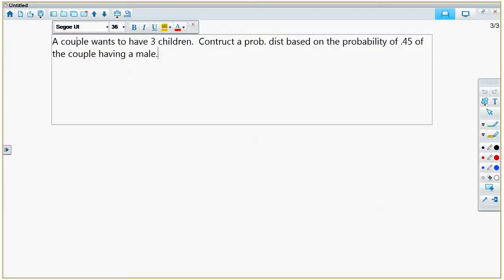In other words, the couple has done all kinds of testing, and it is projected that if they have a child, they have a 0.45 chance of being a boy.